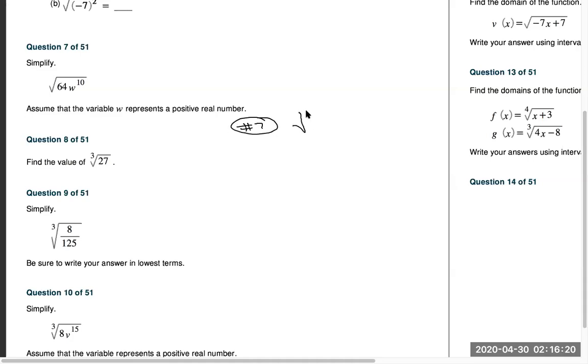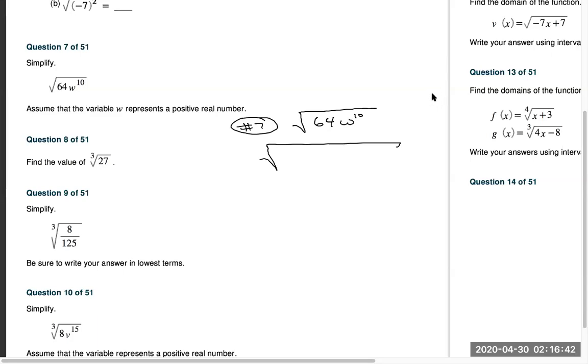We have square root of 64 w to the 10th, and we are trying to simplify it, which means you don't want to leave any perfect squares underneath your radical sign. Let's draw a radical here.